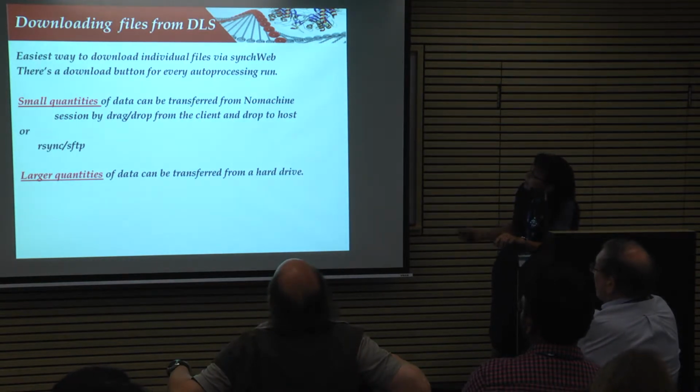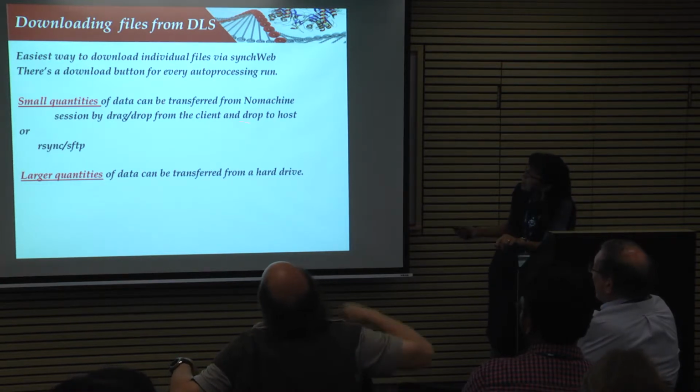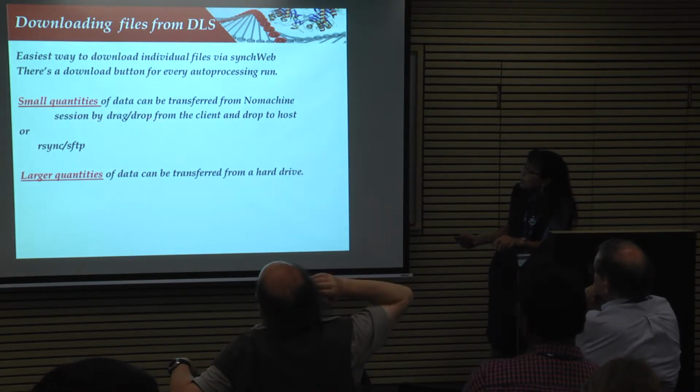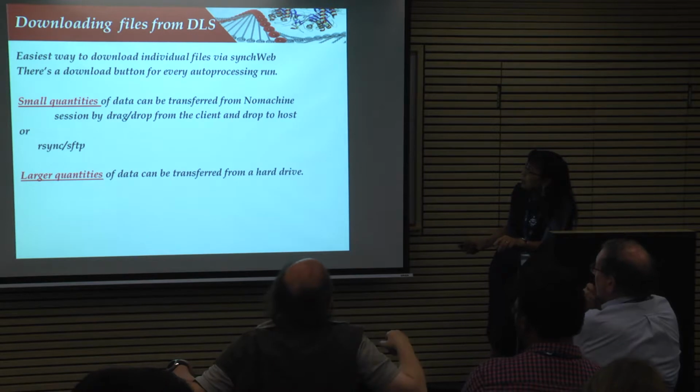Again, we have instructions on how to download the MTZ and the PDB files. If you have larger data, you can bring a hard drive, which is not possible now because we are remote, but for a small quantity of files, you can also do rsync.